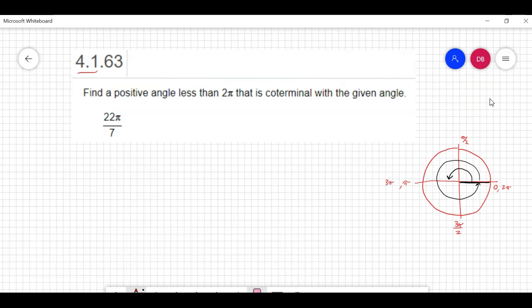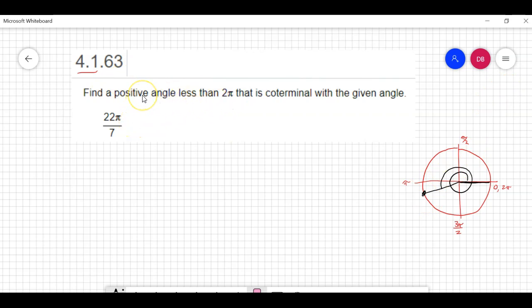So 22 pi over 7 is beyond that, so let's say we're right here, just to give a visual. We've gone all the way around, because this number is bigger than 2 pi, and then we've actually gone past 3 pi. That's our angle measure. So what are we being asked to do?